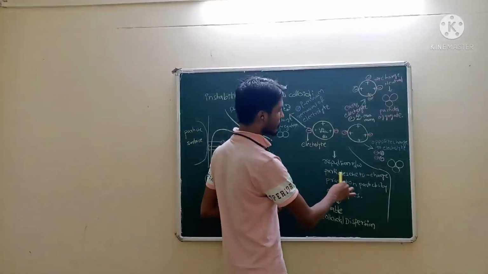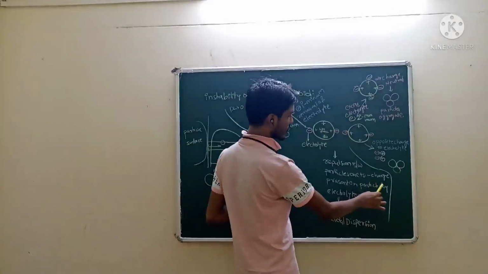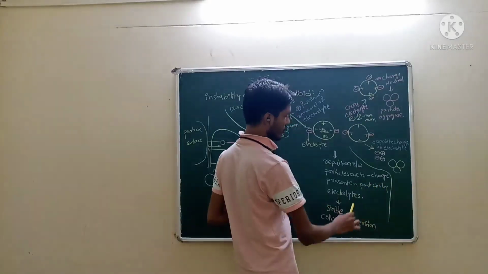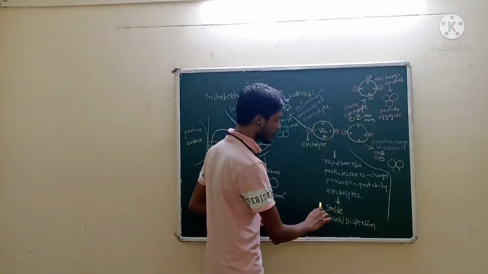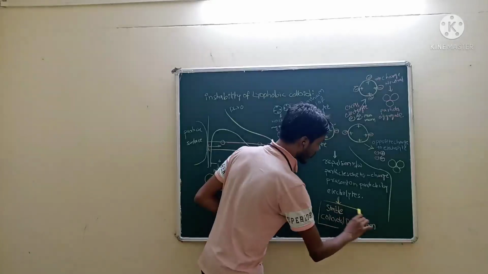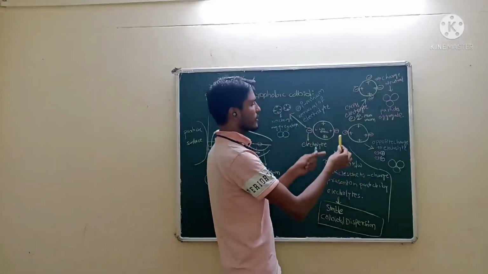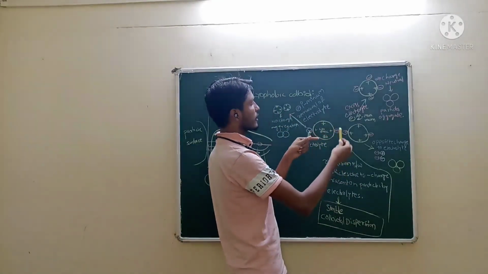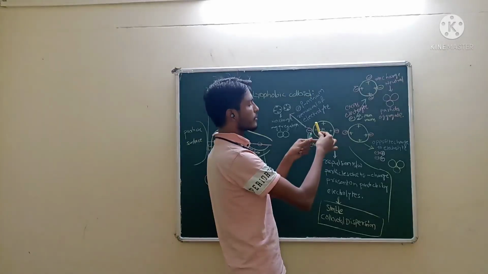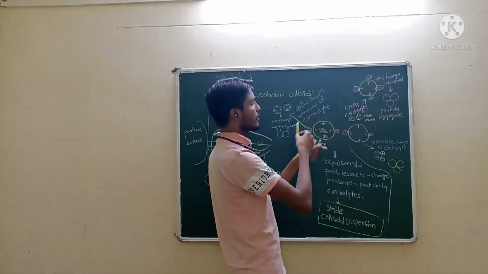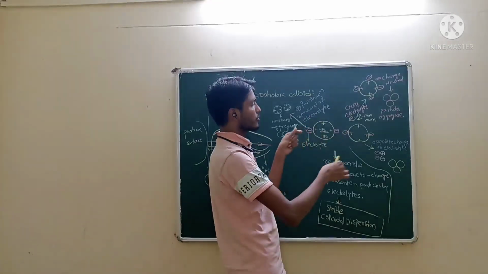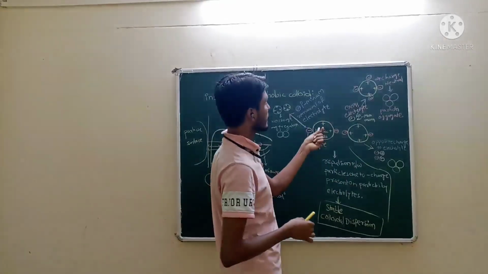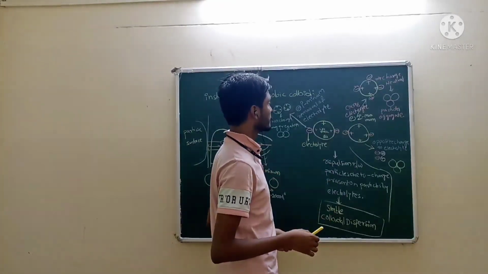When the particles come close, due to the repulsion they go back and are always in Brownian motion. Due to this, the entire system gets stabilized.